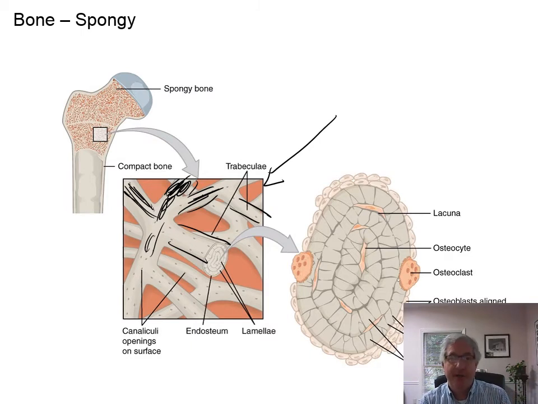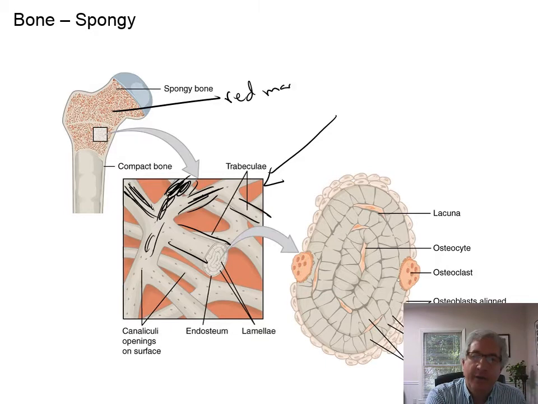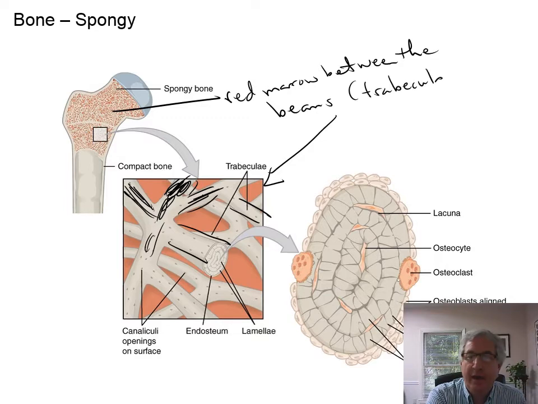And red bone marrow is going to fit between those beams. That's what this over here is, it's kind of pinkish. That's red marrow between the beams, or trabeculae. Between the little beams, I guess I should say.